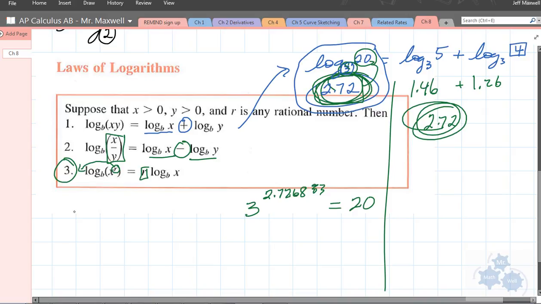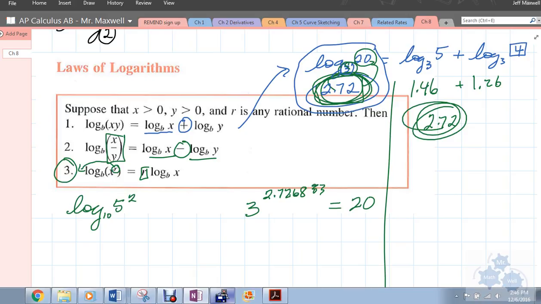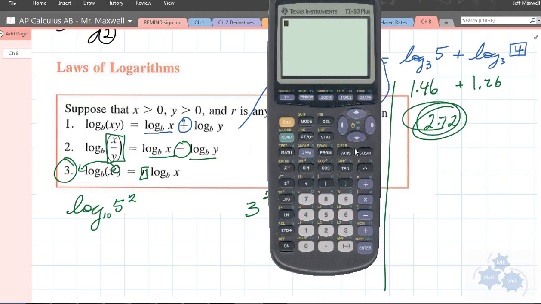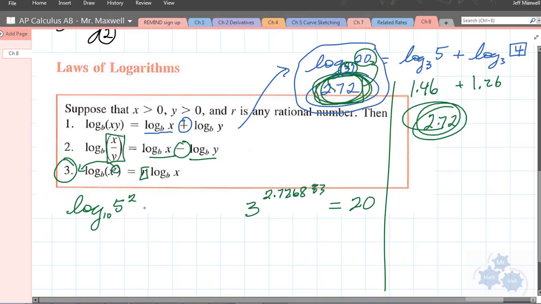So if you have log of 5 squared, and that's base 10, the common logarithm, that's what your calculator works in. If we have a common logarithm of 5 squared, which is 25, this is saying that should be equal to 2 times the log of 5, base 10.